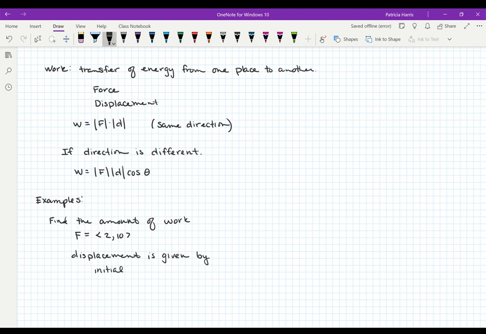So our initial position is 3, 2. Our final position is 10, 15.